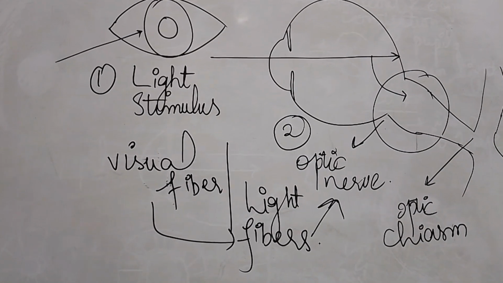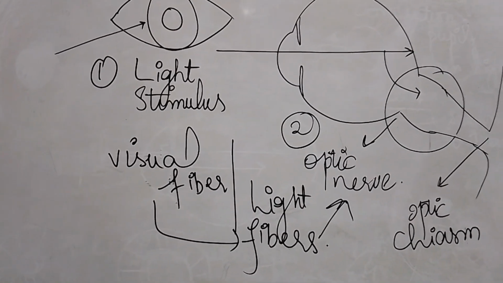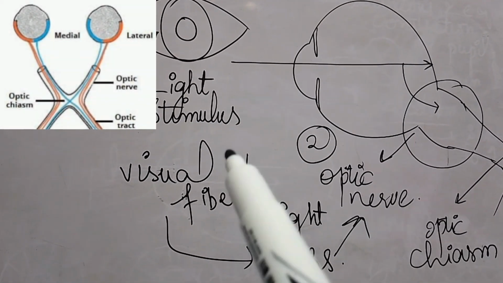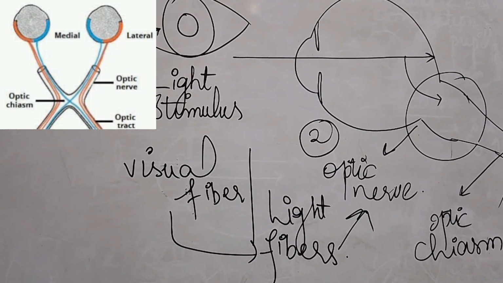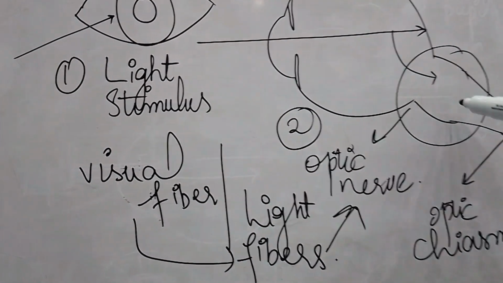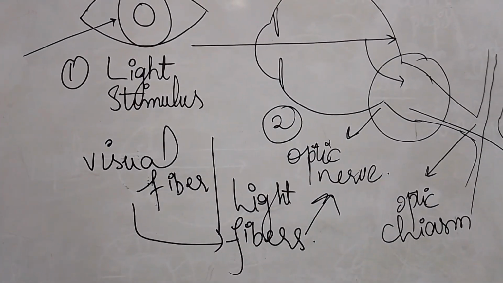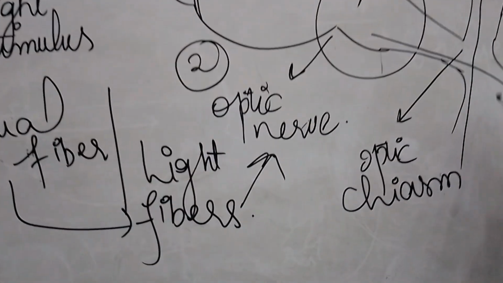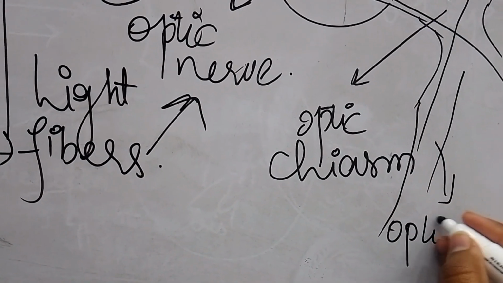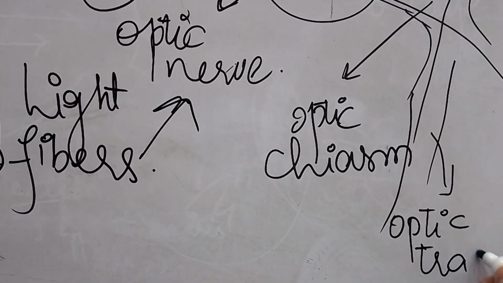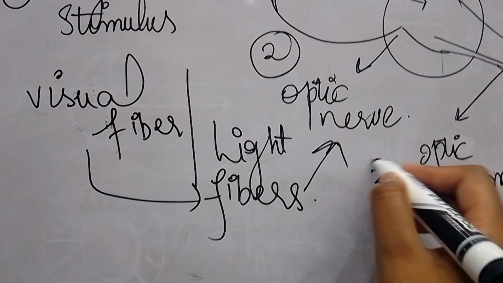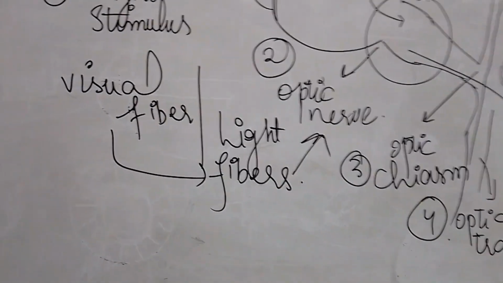It is a common structure where the nasal fibers of both eyes pass on to the other side. The nasal fibers of the left eye move towards the right side, and the nasal fibers of the right eye move toward the left side, right? So there will be crossing over, or decussation, of the nasal fibers. So the optic chiasm is there. Then just after the optic chiasm we have the optic tract, right? So the third structure is the optic chiasm, and the fourth structure is the optic tract.